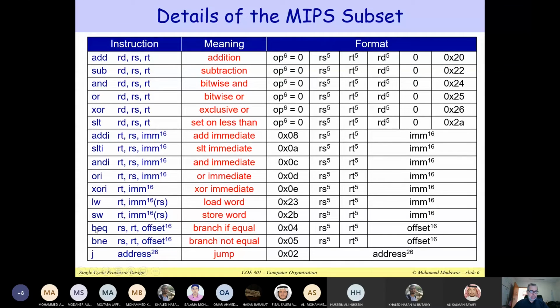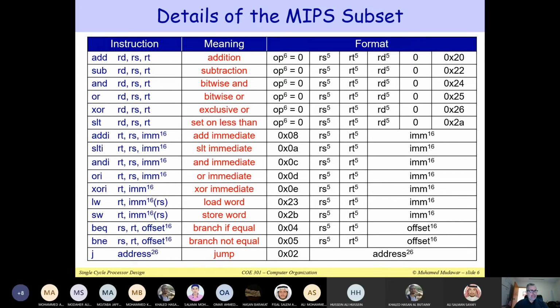Notice that the branch if equal, branch not equal are also of the immediate format. However, the 16-bit immediate here is a PC relative offset, which is used to calculate the address of the target of the branch instruction. So we are going to compare 2 registers, RS and RT.